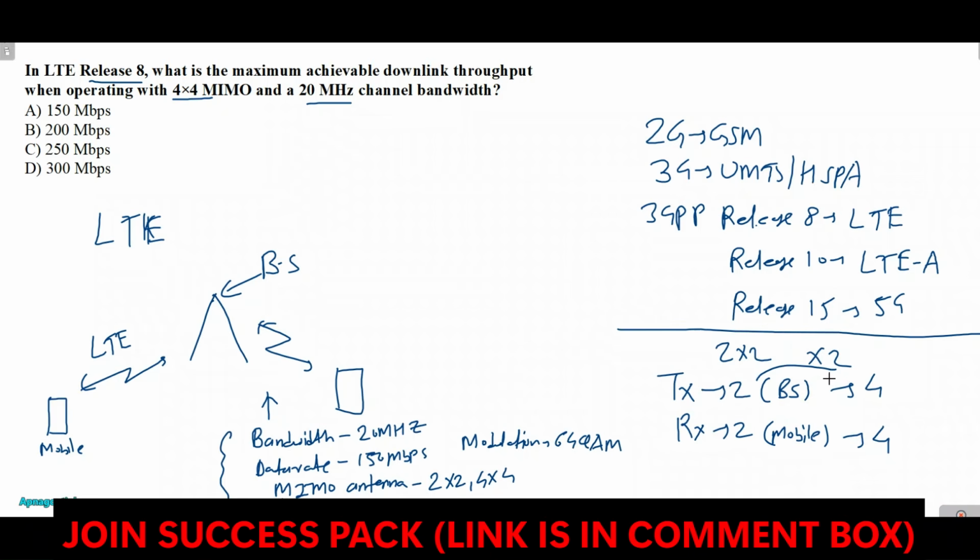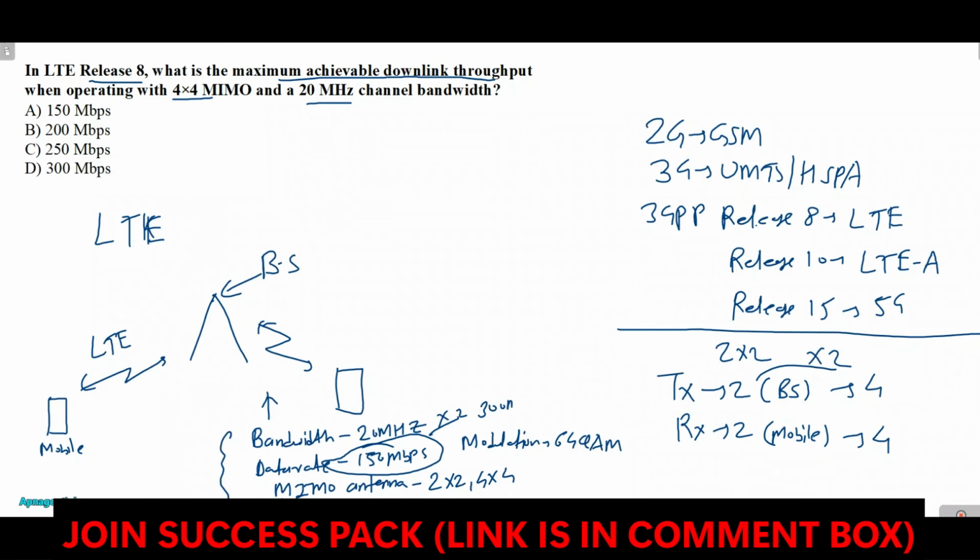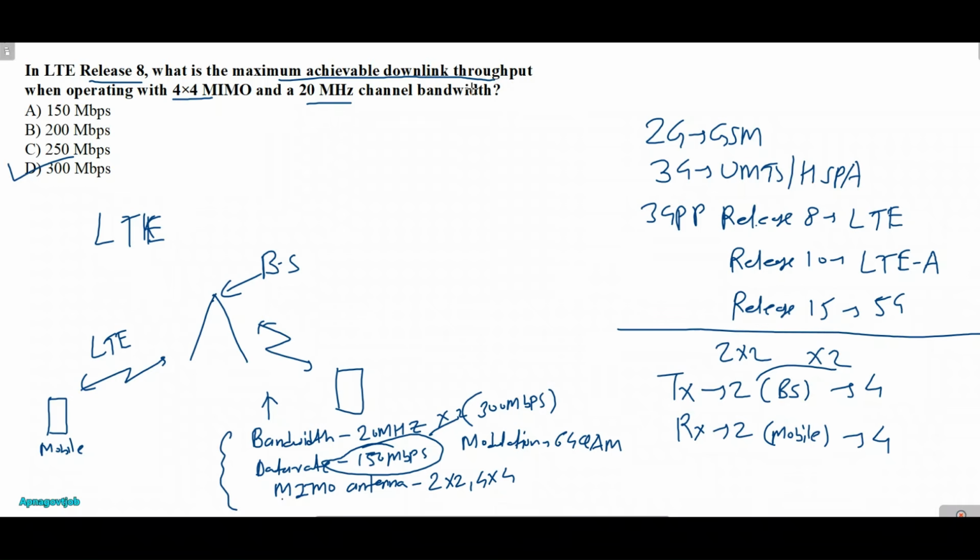That's why our data rate will also double, and the maximum achievable download throughput will double. Earlier the limit was 150 Mbps, so it will double and become 300 Mbps. So LTE with 4x4 antennas will have 300 Mbps maximum achievable throughput. That's why the answer to this question is 300 Mbps.